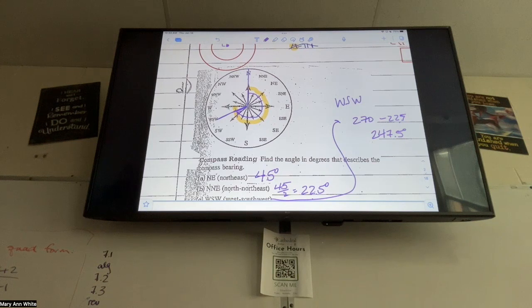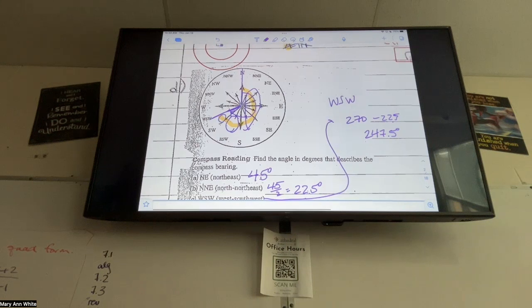Who has another idea of what we could do? Yeah, Ryan? I just said 180 plus 45 plus 22.5. Good, I love that. Ryan went from north to south, so that's 180. Then he went from south to southwest, which he knows is 45. And then he went from southwest to west-southwest, which was 22.5.